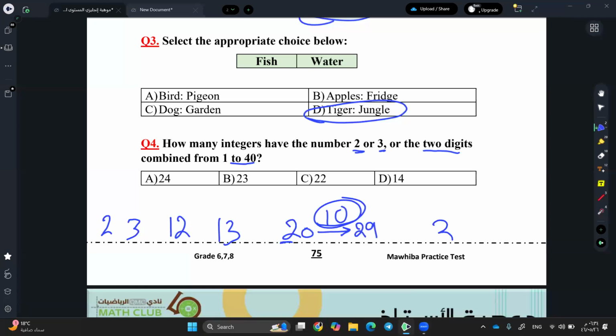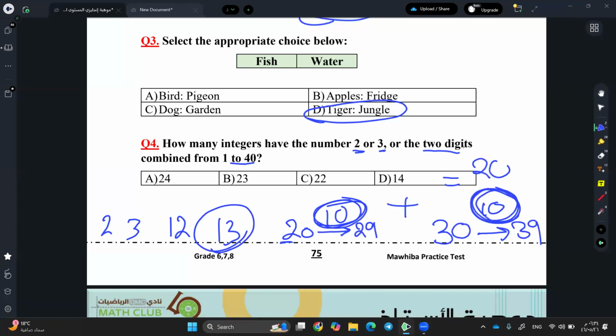And then from 30 until 39, it's going to be another 10 numbers, right? So here 10 numbers, and here 10 numbers. It's going to be 20. And then we have here 1, 2, 3, 4, another 4 numbers. It's going to be what? 24. Excellent.